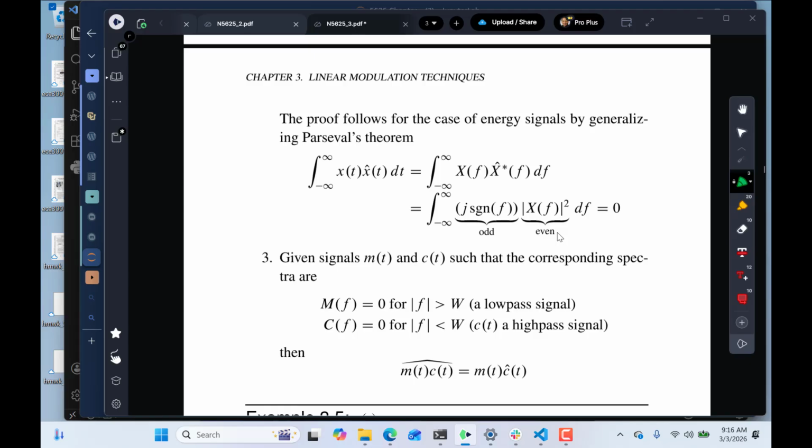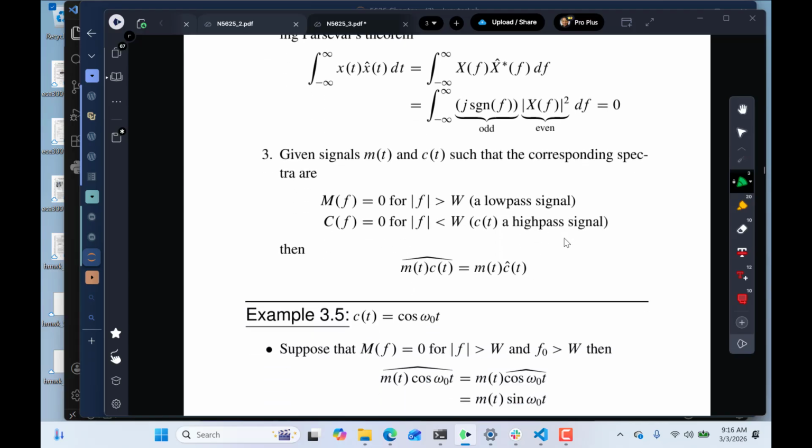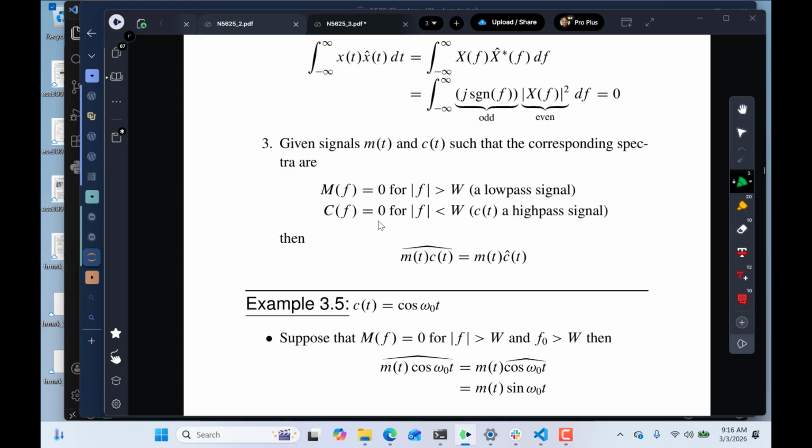For our purposes in Hilbert transforming and creating single sideband signals, we also have this. This is probably one of the most important properties that Dr. Ziemer talks about in the textbook.